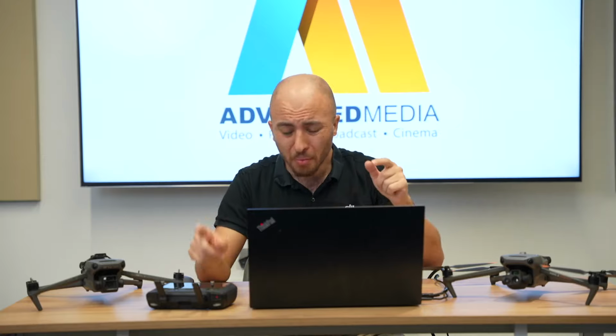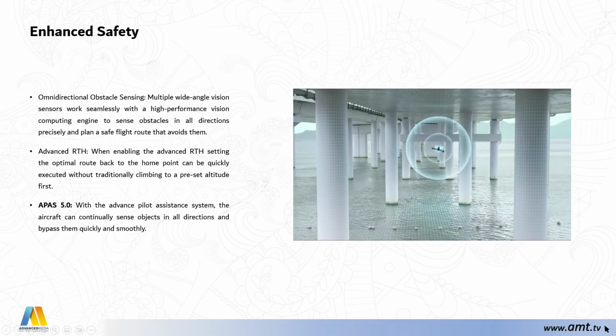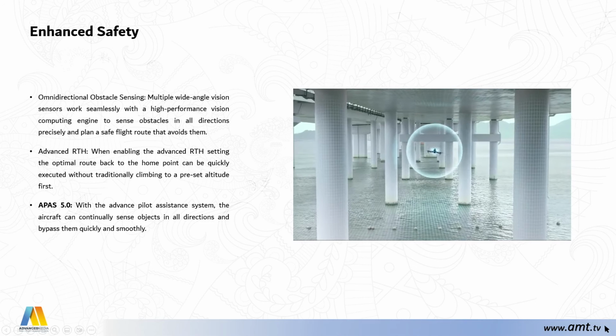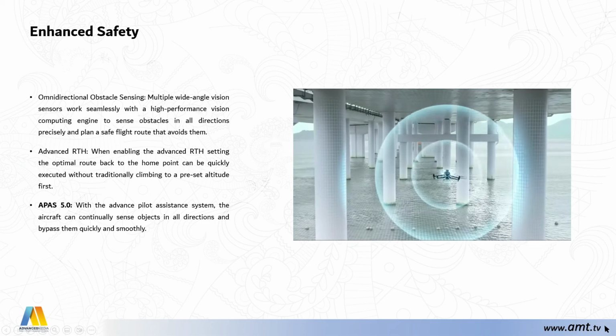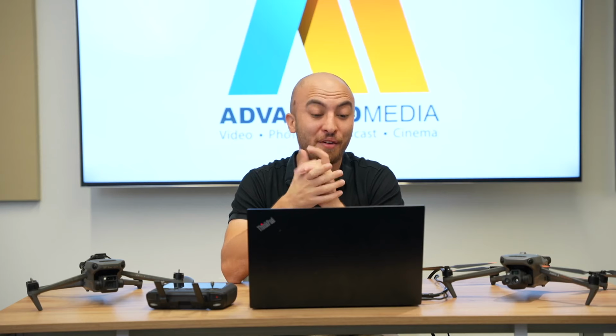But now you have the option to let it bypass the obstacle by itself. It's smart enough to bypass, as this video is showing as well. See how it's bypassing the obstacles smartly, and of course you will have to keep monitoring the drone while it's doing this, because it's a machine at the end. You need to monitor everything.